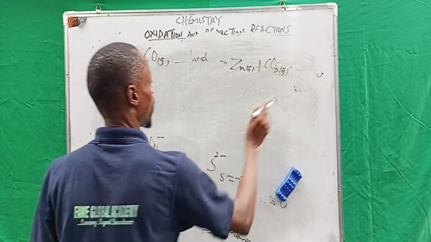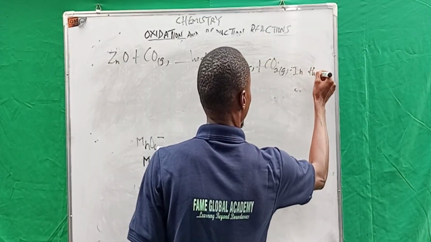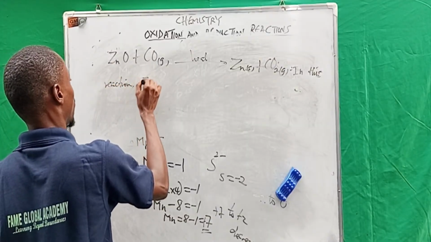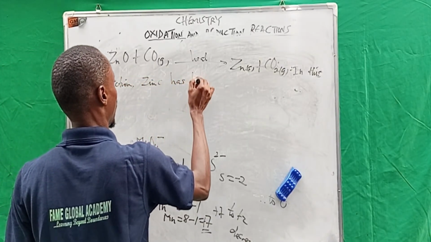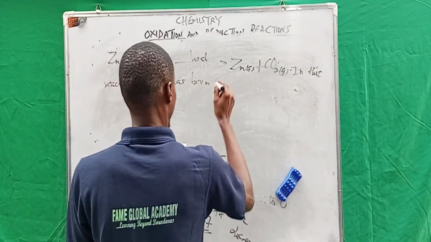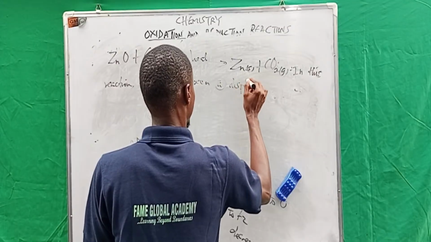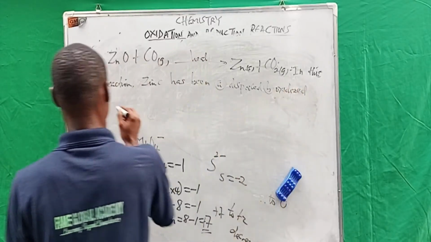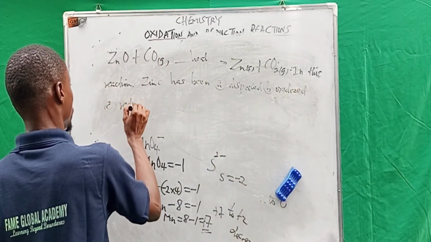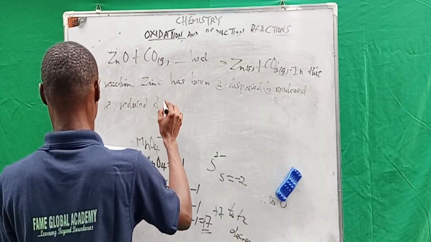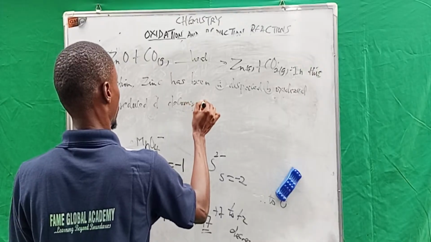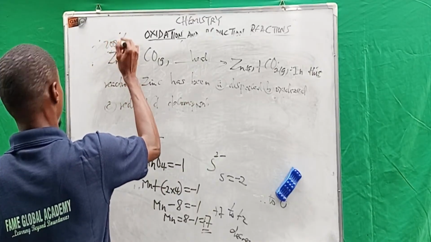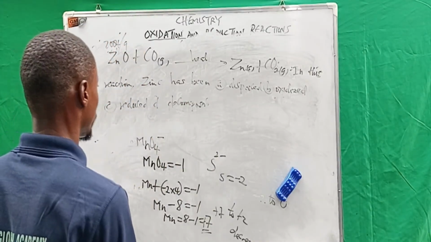In this reaction, zinc has been: A, displaced; B, oxidized; C, reduced; D, decomposed. This is taken from 2004, question number 9.